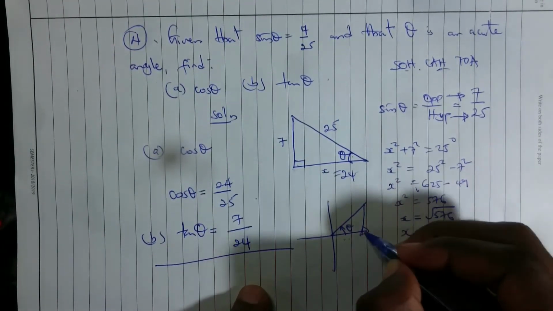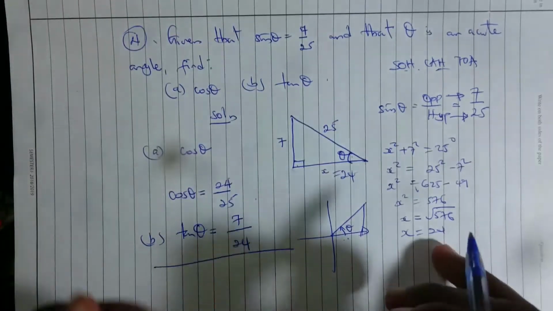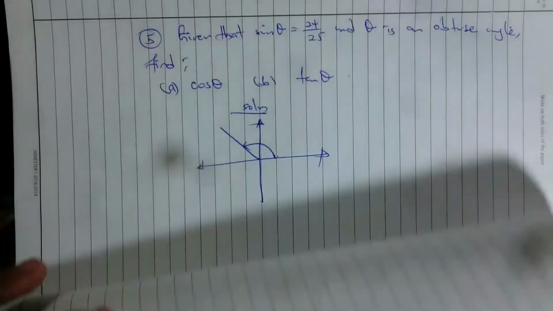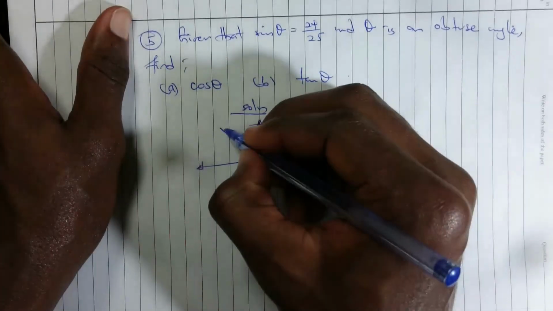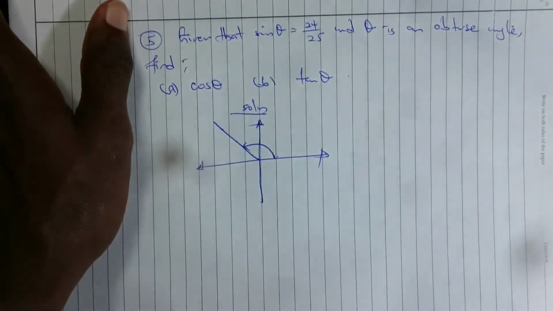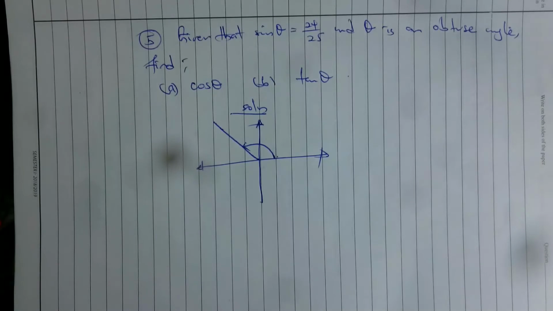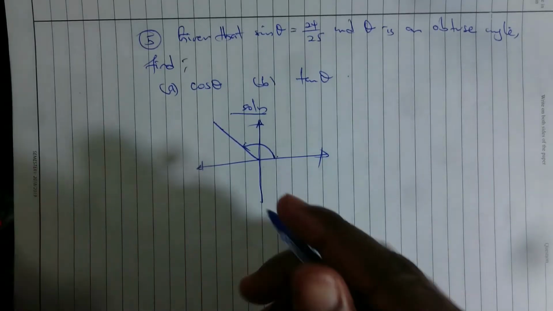You draw, give your sides, and solve for that. It's better because it helps you know where something lies and helps you know the signs, like we covered before.